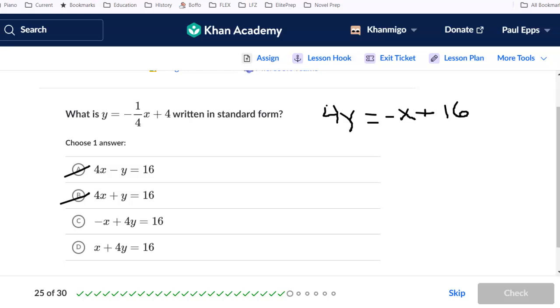If we added x to both sides, we would have x plus 4y equals 16, which is answer D. Let's go with that.